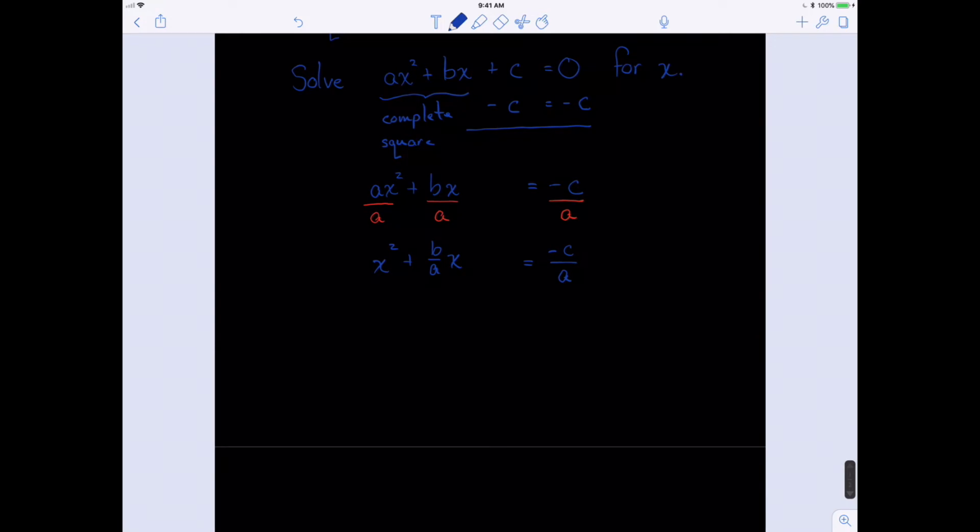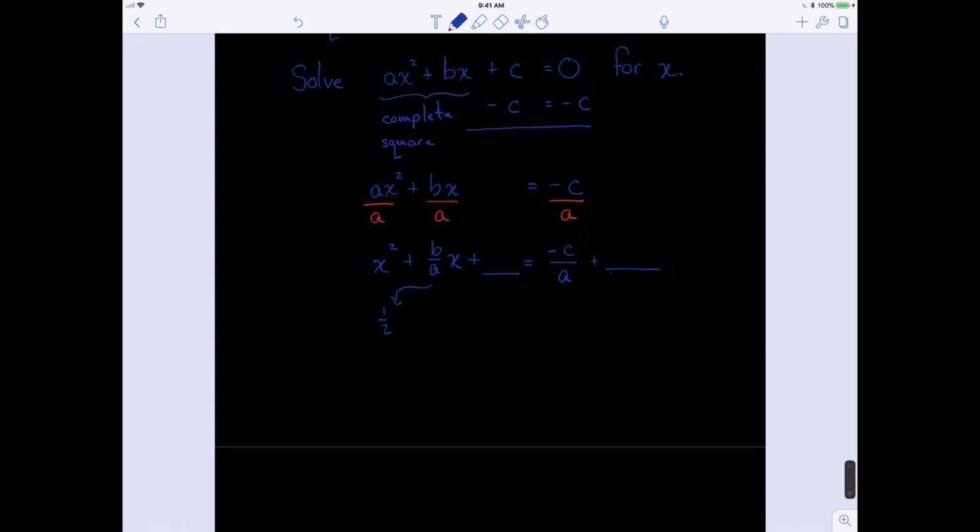Now, if you recall, what we needed to do is figure out what goes in that blank, because if we can figure out the right piece to put there and on the other side, then we've found a perfect square. We did that by taking 1/2 of the term in front of the x.